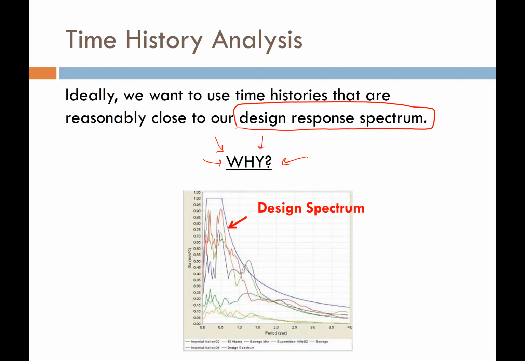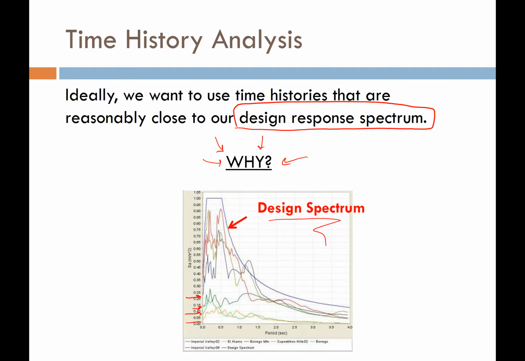In this line, you see that we have a design spectrum where the arrow's pointing. Maybe this was developed from the IBC code. That's really what the code is saying is the standard we should be shooting for in designing whatever structure we're designing. And then below it, you see numerous response spectra from real earthquakes, a whole bunch of them.